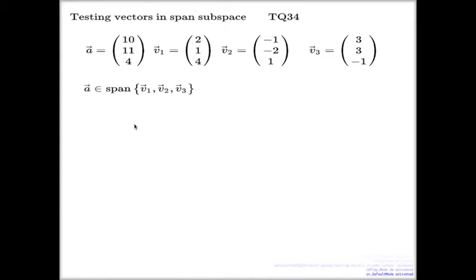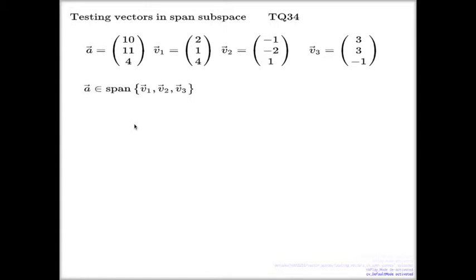This is the place where you're going to go the opposite way. On my previous slide, I went from the matrix representation to a span. This time, I'll go the other way around. From the span, I will go to the matrix representation.